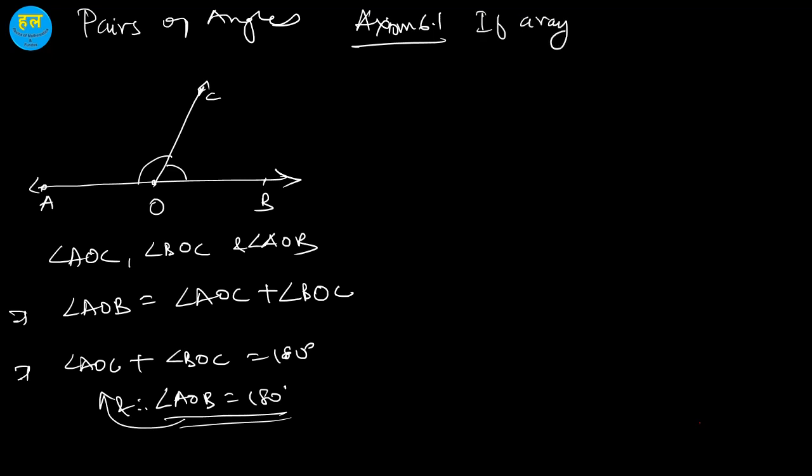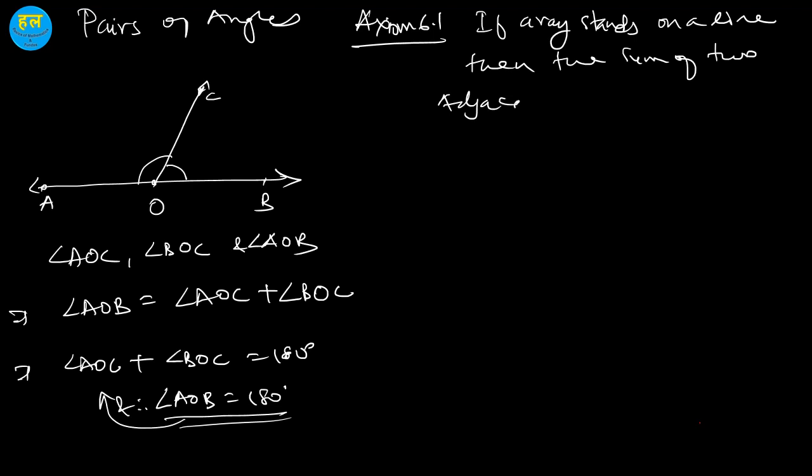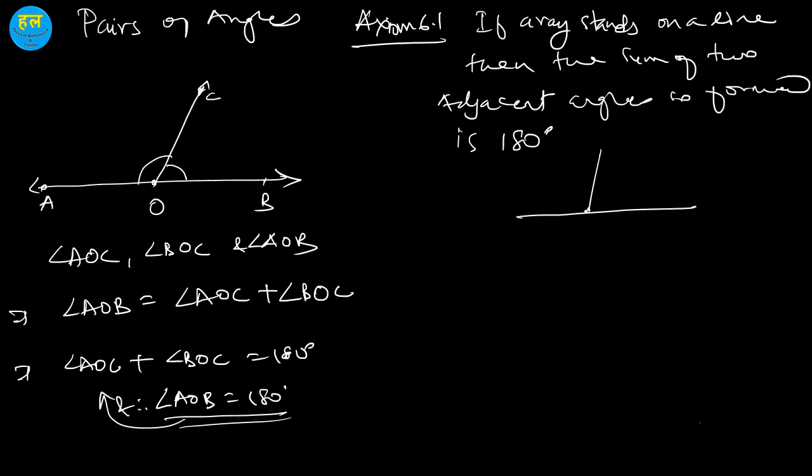If a ray stands on a line, then the sum of two adjacent angles so formed is 180 degrees. So basically what this axiom is saying is that if a ray stands on a line, then the sum of these two angles will be 180 degrees.